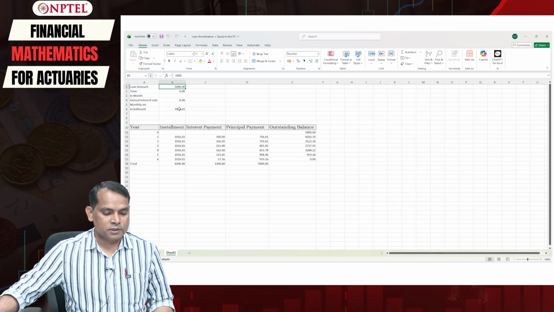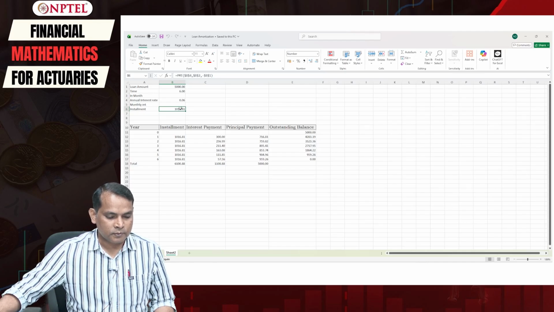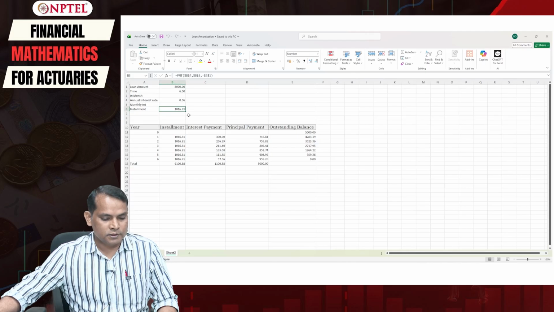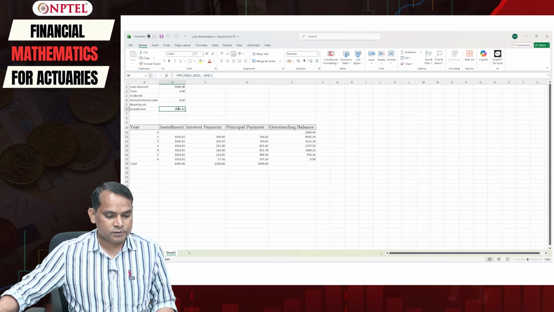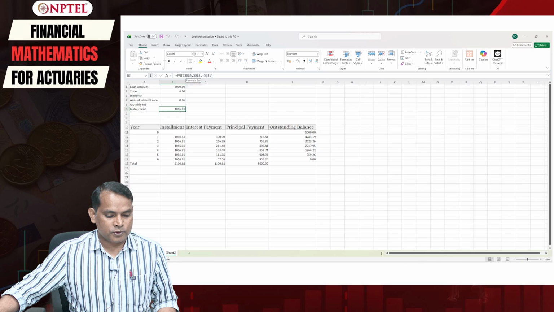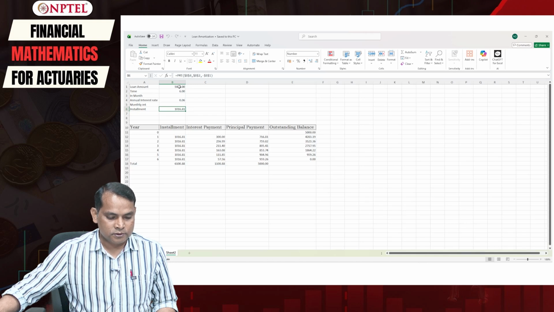So use here the formula PMT, then bracket, and then start with the interest rate. Now you click on this interest rate, and then the time, that is B2 here, and then we will click on this one.